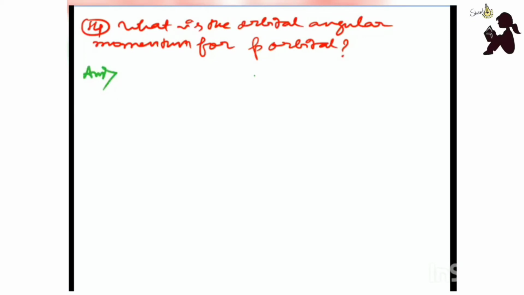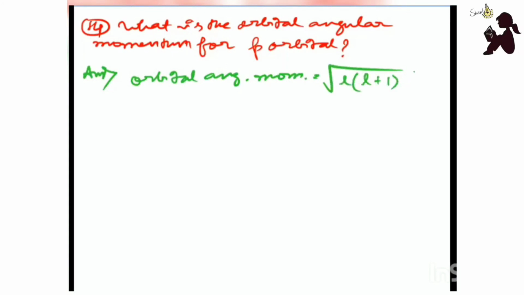We'll see what they ask, that is the orbital angular momentum for p orbital. Now there is a formula for orbital angular momentum, I am writing in short form, that is L into root over of L into L plus 1, and outside of this root, that is h by 2 pi.